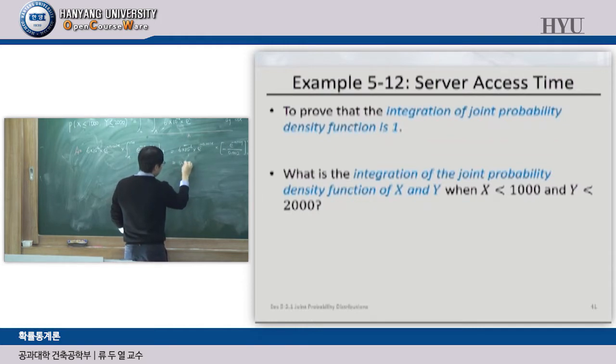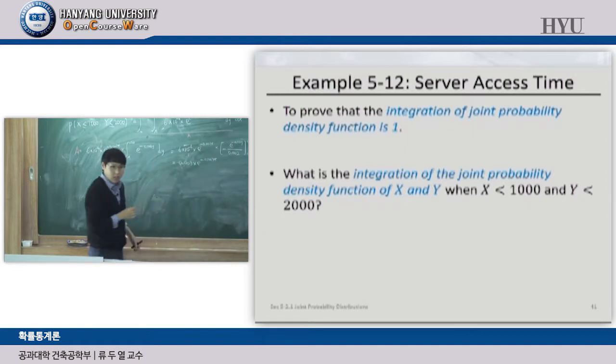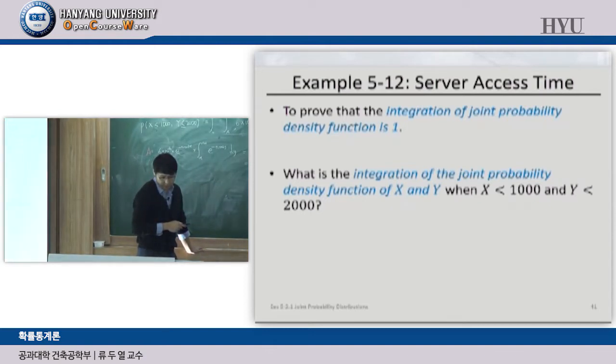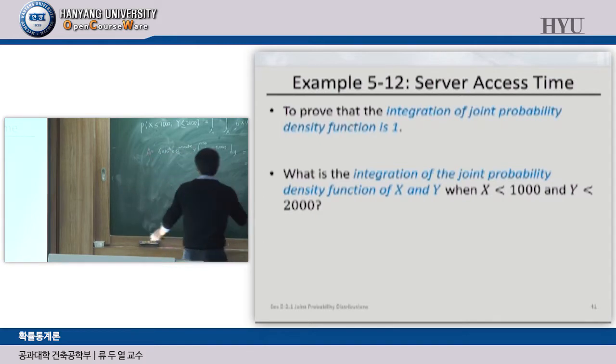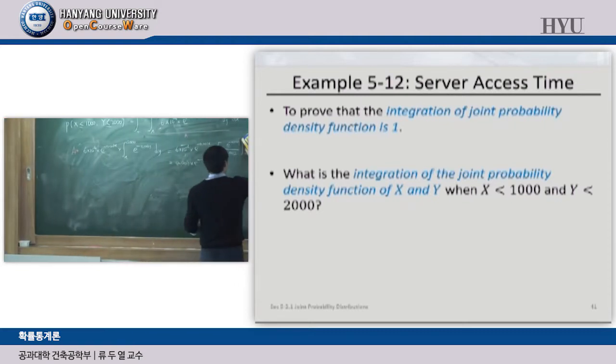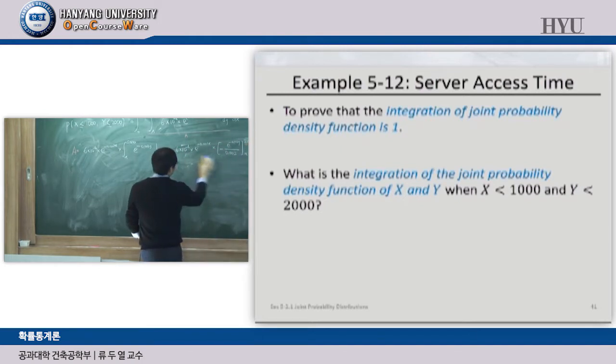This is equal to 0.003 by exponential minus 0.003x. Okay? Oh, sorry. This is 2000, right? And this should be 2000. Sorry.